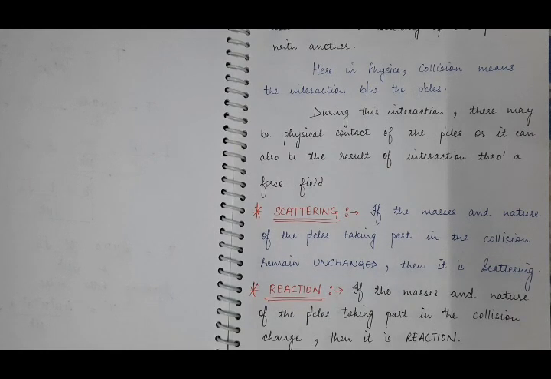If the masses and the nature of the particles taking part in the collision remain unchanged even after the collision, then it is known as scattering. So in case of scattering, there is no change in the mass and the nature of the particles after collision.